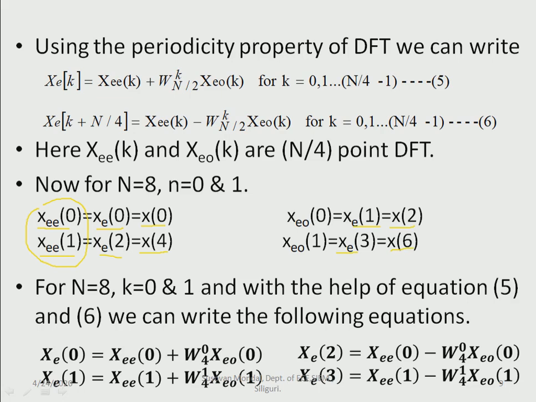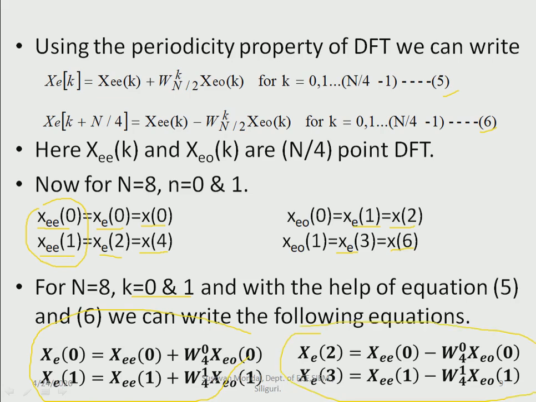Clear? So in a similar fashion to what we did in the case of the N/2-point DFT, the same thing can be done for the N/4-point DFT. In equations 5 and 6, if we put the value of k, we'll get those equations. So these are very simple.